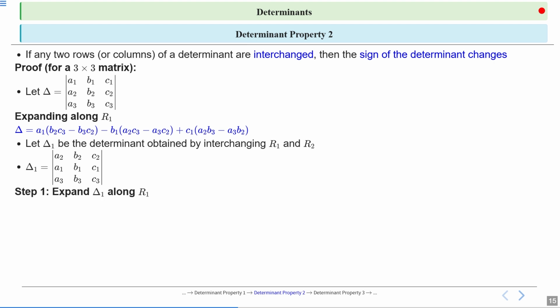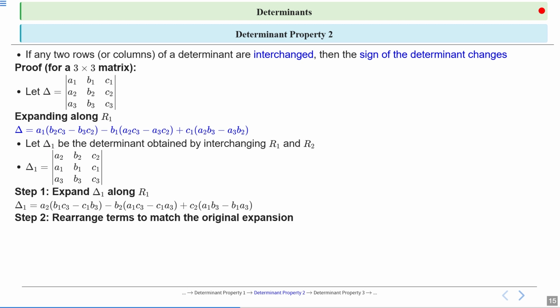Now we expand this determinant along R1. The first element is A2, times the determinant obtained by cancelling the first row and first column, which gives B1 C3 minus C1 B3. The second element is B2 with sign minus, A1 C3 minus C1 A3, plus C2 times A1 B3 minus B1 A3.